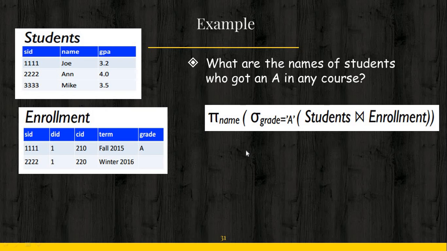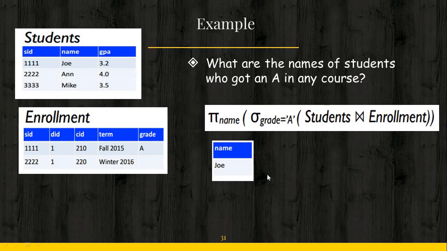It can be done in some other way. So here the condition grade equal to A, column name, and students and enrollment have been joined, because if I write this operator, it automatically checks whether the similar columns are equal or not. So this is the output.